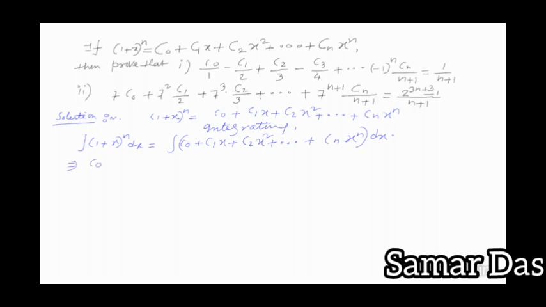Integrating, we get c0 x + c1 x²/2 + c2 x³/3 + c3 x⁴/4 + ... + cn x^(n+1)/(n+1) = (1 + x)^(n+1)/(n+1) + a, where a is the integration constant.